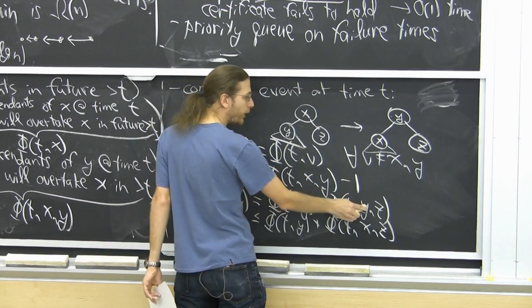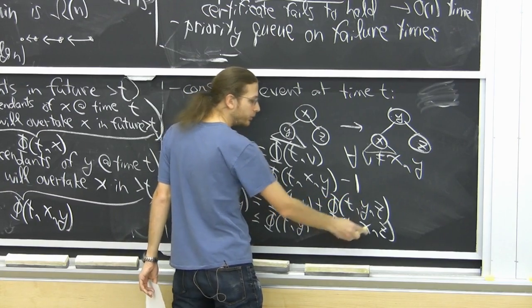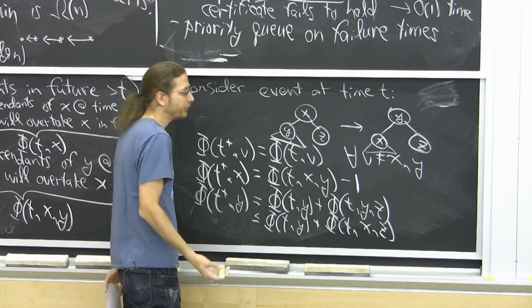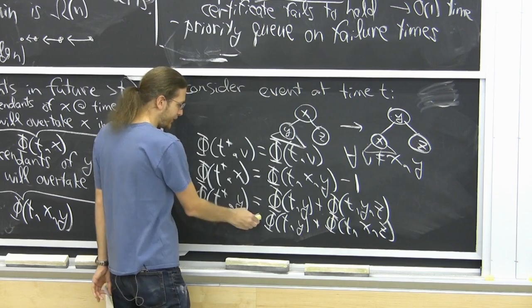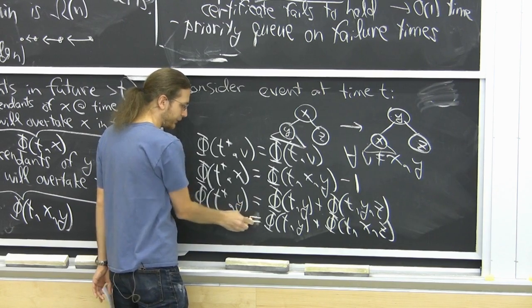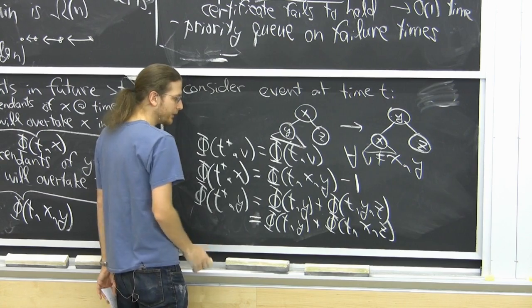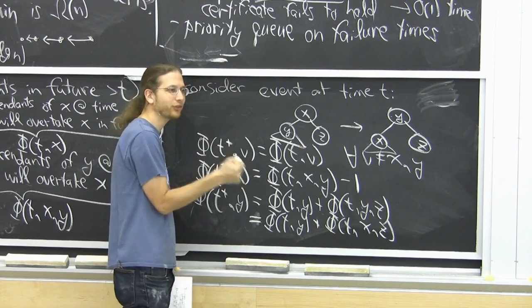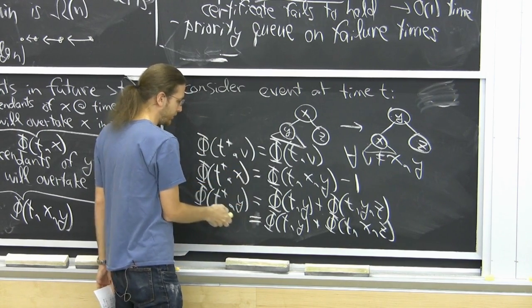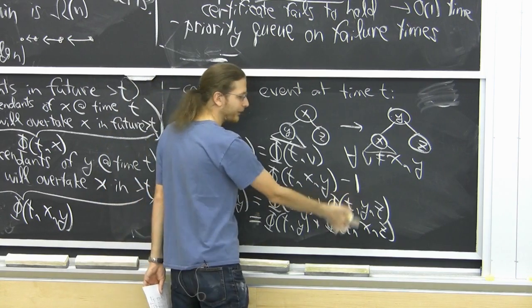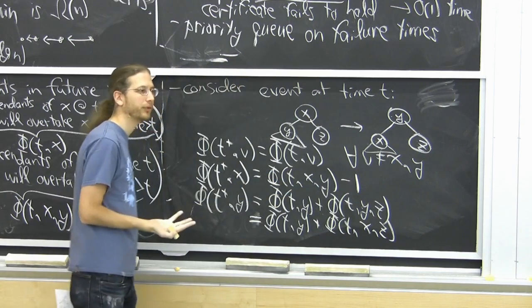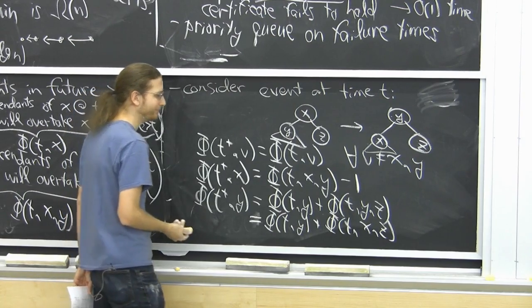If you're going to overtake y at this time, you would overtake x at this time, because x and y are equal right now. I'm pretty sure this is actually equal. I don't know why I wrote in my notes less than or equal to. Less than or equal to is all I need. But I think at this moment in time, when they're actually equal to each other, it doesn't matter whether you have x and y here. You will overtake one if and only if you overtake the other at this moment.